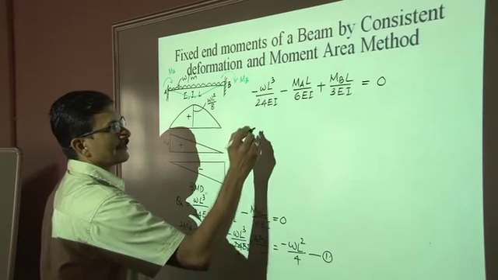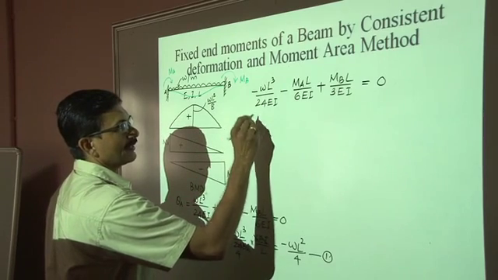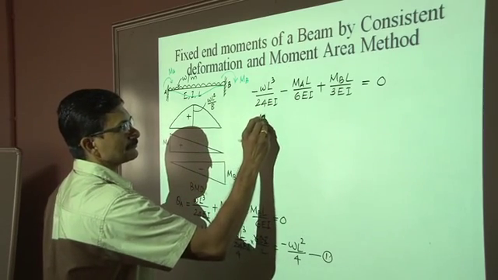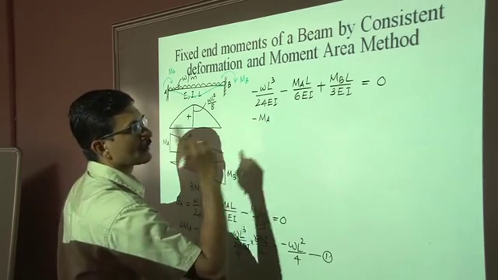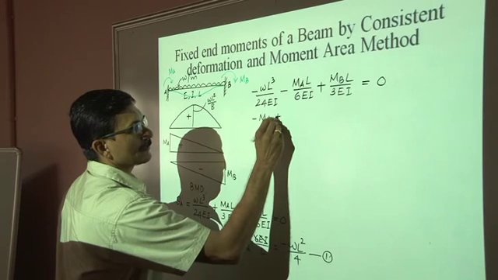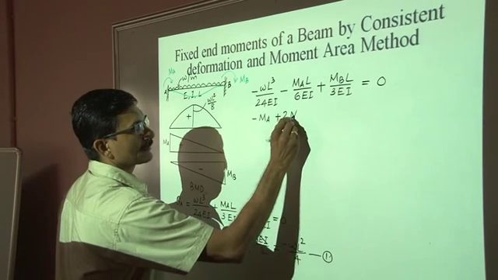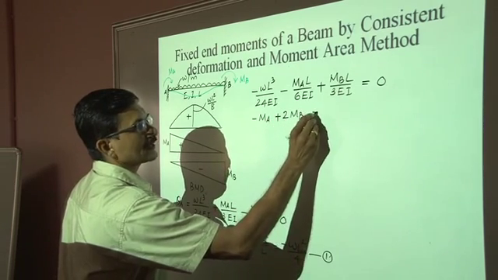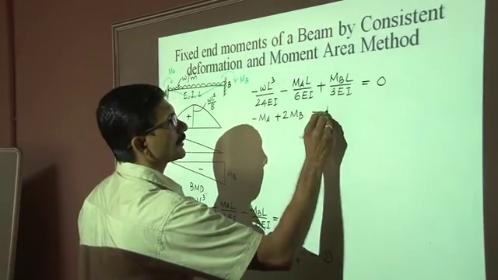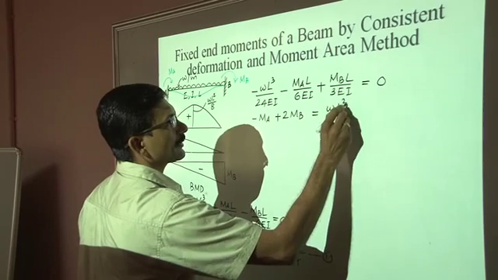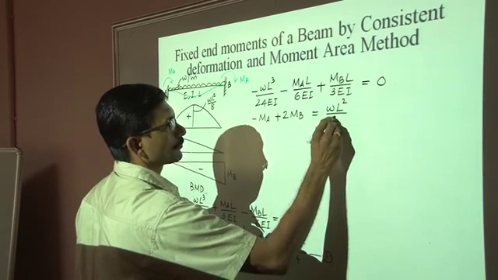So the algebraic equation in terms of MA and MB now would be minus MA plus 2 MB is equal to W L square divided by 4.